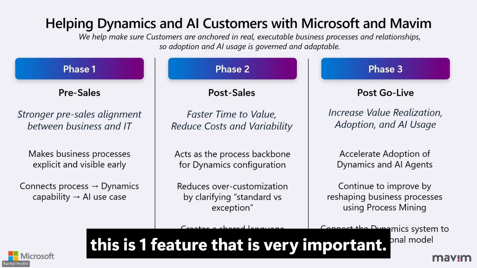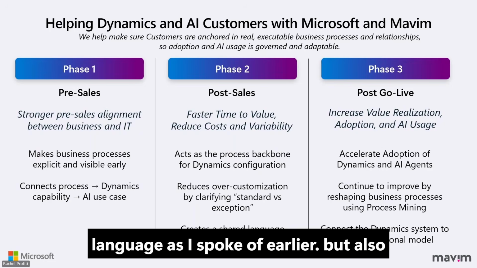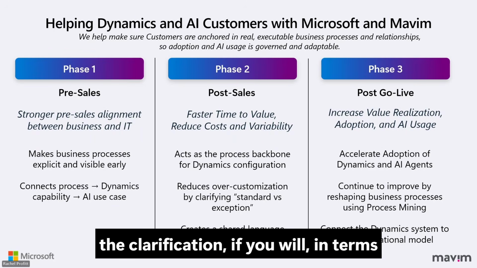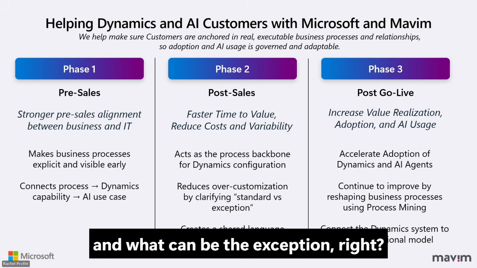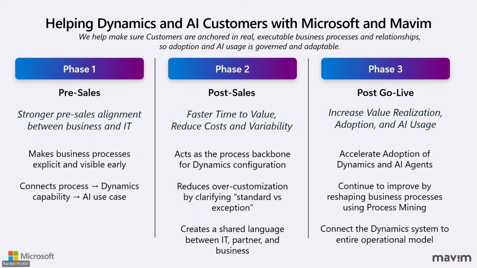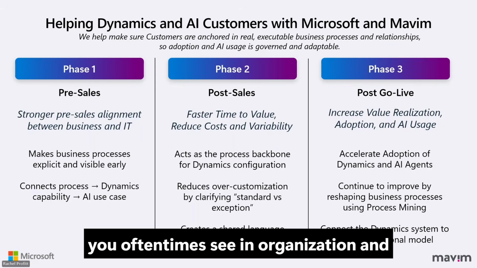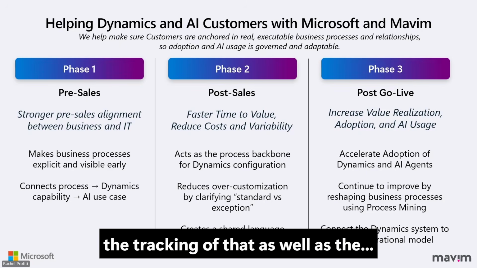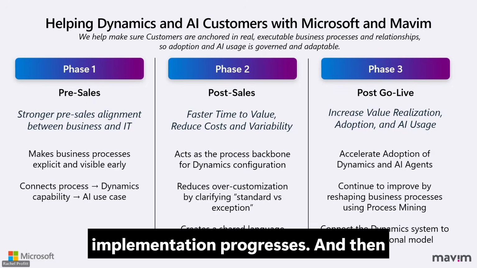And this is one feature that is very important. It's that creation of that shared language, as I spoke of earlier, but also the clarification, if you will, in terms of what can be standard and what can be the exception, right? Justification for that customization that you oftentimes see in organizations, and the tracking of that as the implementation progresses.